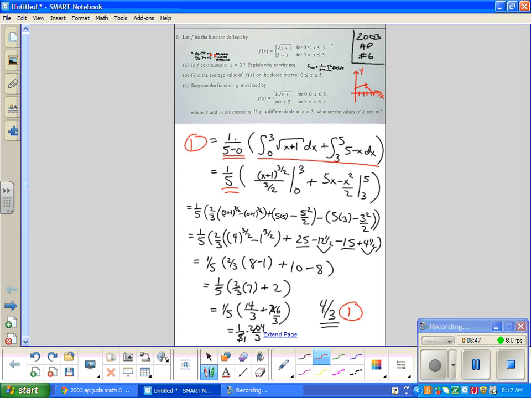Then if you did the antiderivative of the square root of x plus 1 correctly somewhere on your page, anywhere, give yourself a point. If you did the antiderivative of 5 minus x correctly somewhere on your answer, give yourself a point. This was worth 4 points: the format at the top, the 2 antiderivatives, and the 4/3.